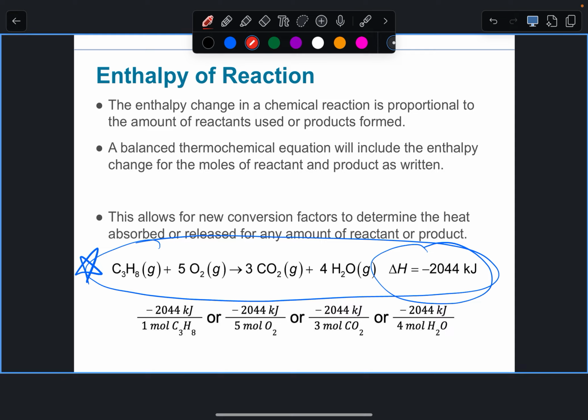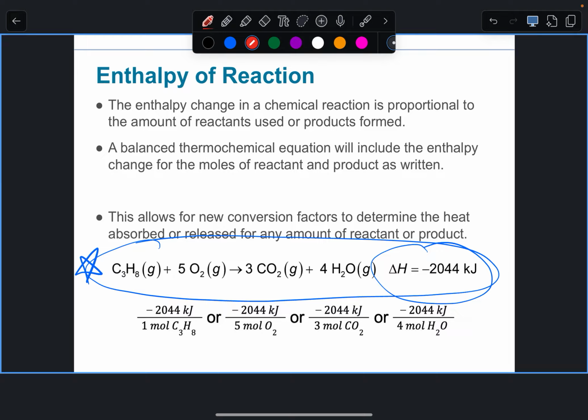So for 1 mole of propane and 5 moles of oxygen, that reaction will release negative 2,044 kilojoules, okay? If it was a different amount, it's going to release a different amount of heat. It scales just the same way that moles would.